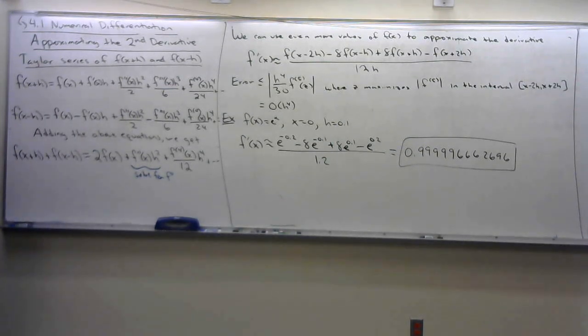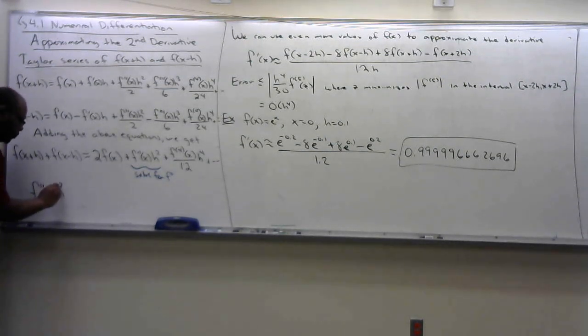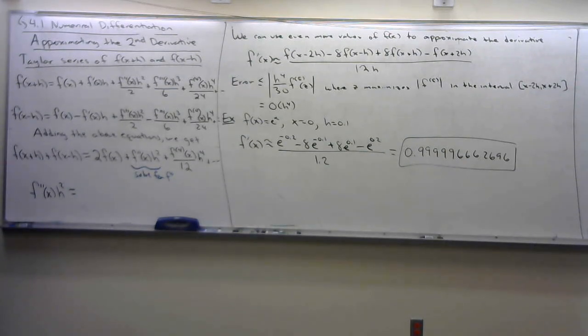If I solve for the second derivative, I have f double prime of x times h squared is equal to, and then I have to bring everything else over to the other side.